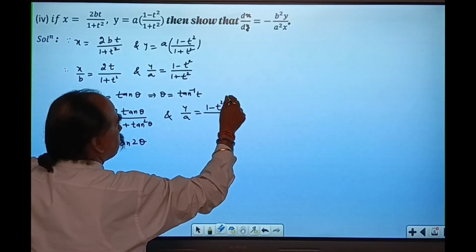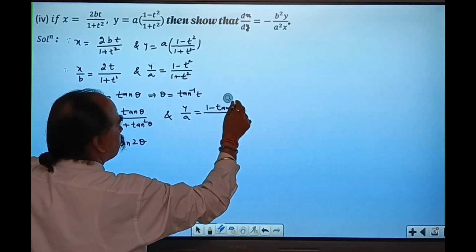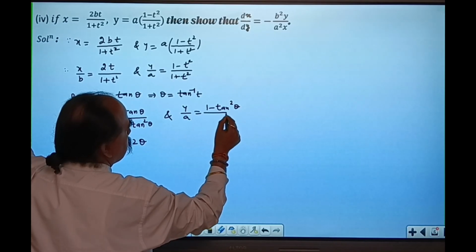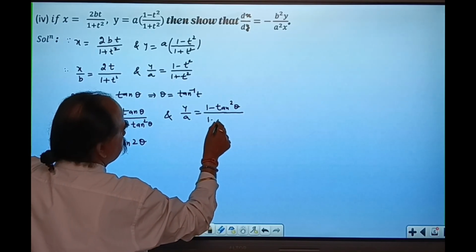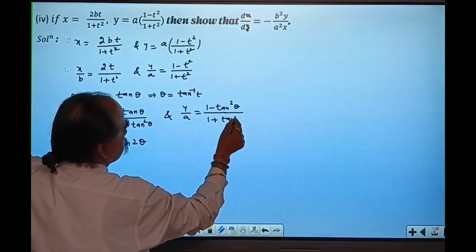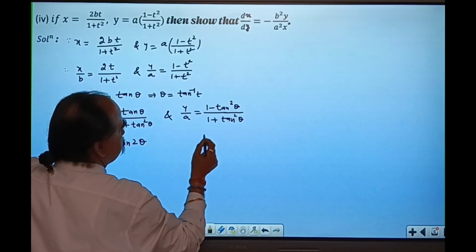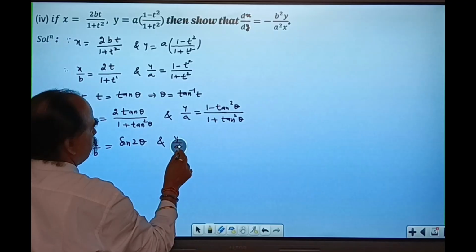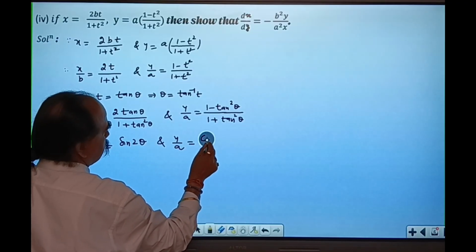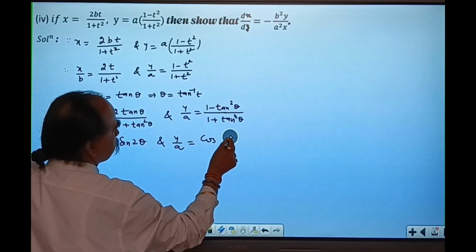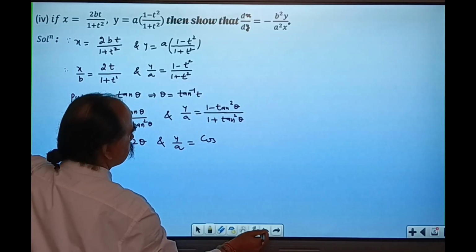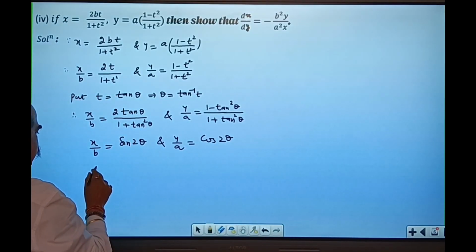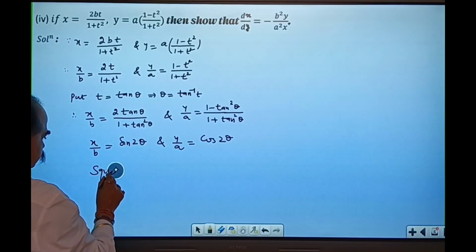And y upon a is 1 minus tan square theta upon 1 plus tan square theta. Y upon a is what? Cos 2 theta.